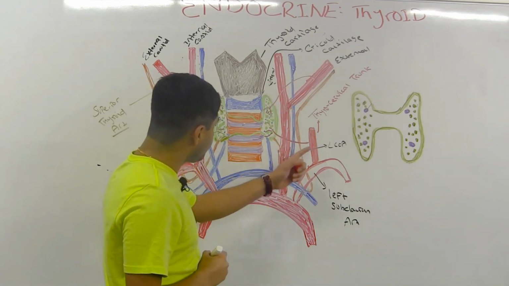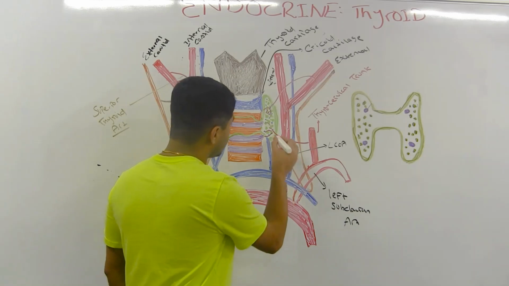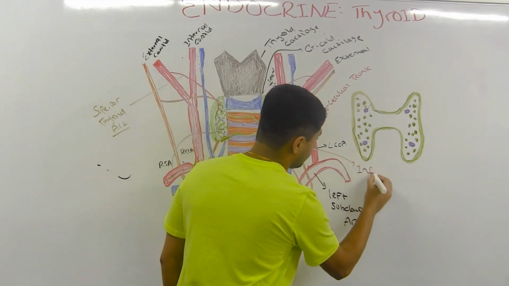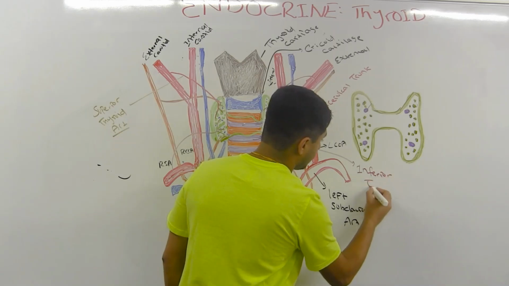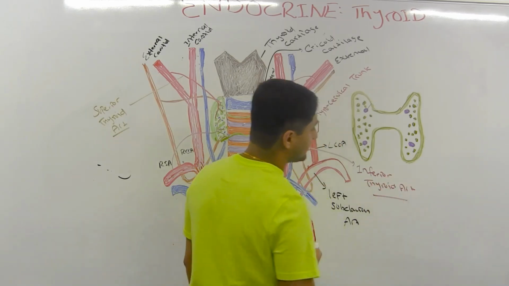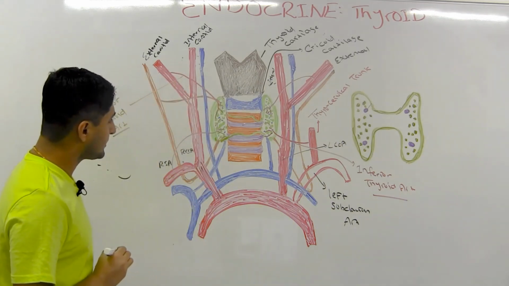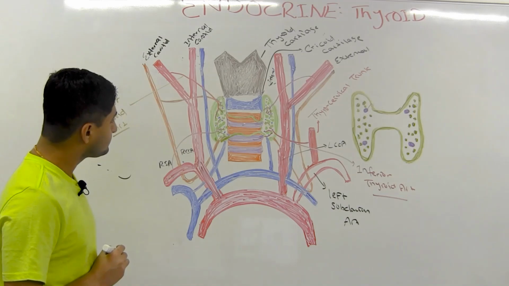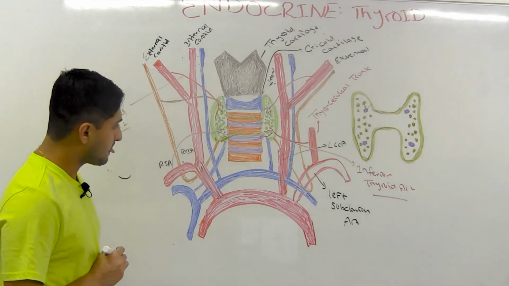Because this one is supplying the inferior part, we call it the inferior thyroid artery. That's what it does. Isn't this cool? Those are the branches supplying your thyroid gland.